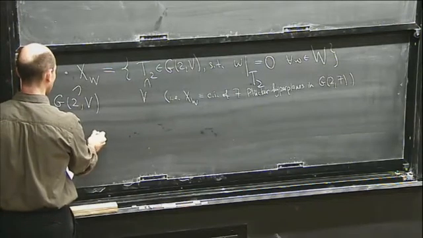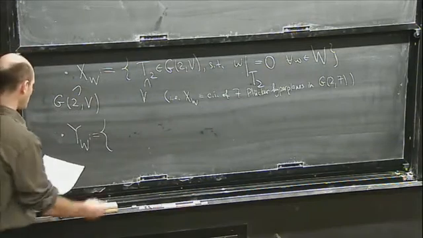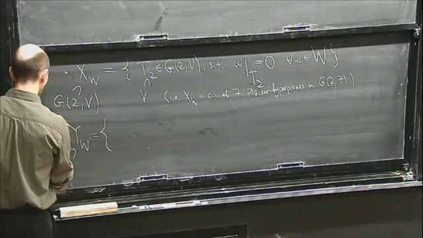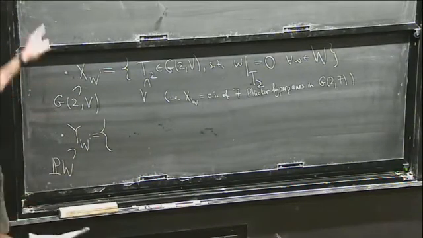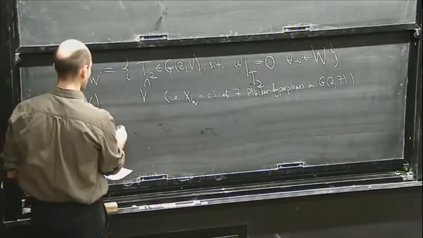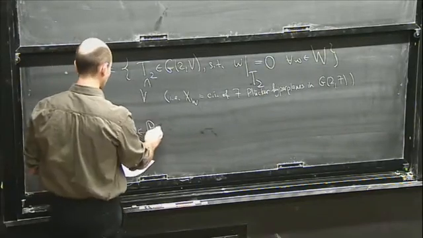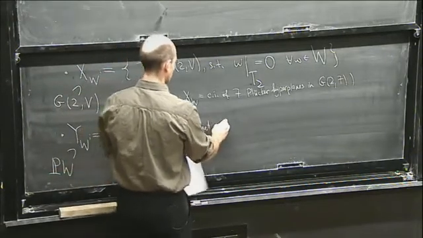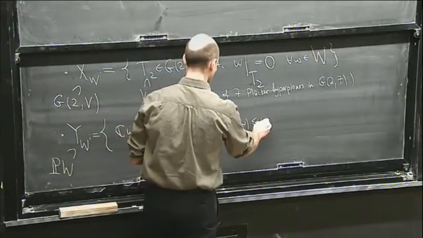YW is a little bit more sophisticated. It is going to sit inside PW, so PW is lines through the origin in W. I'm using that convention. And what these are: W's up to scaling such that the rank of this form is at most 4.